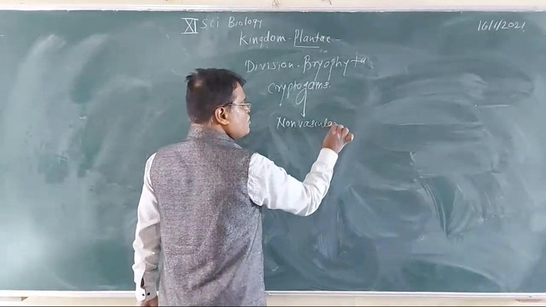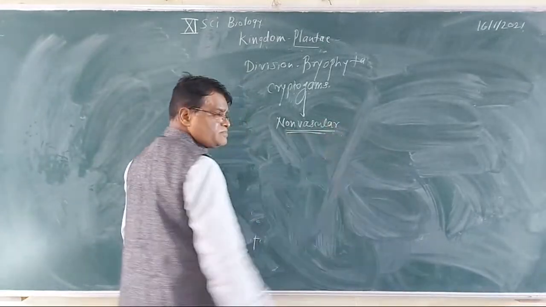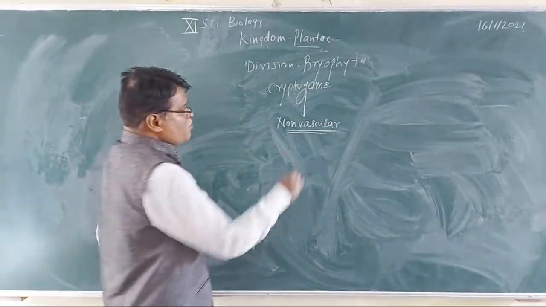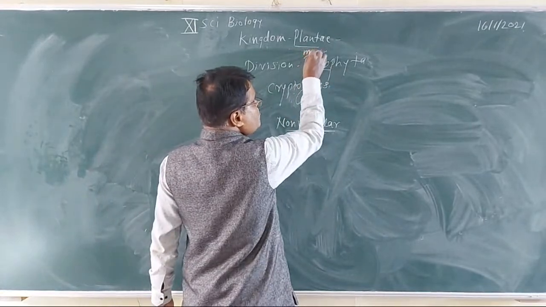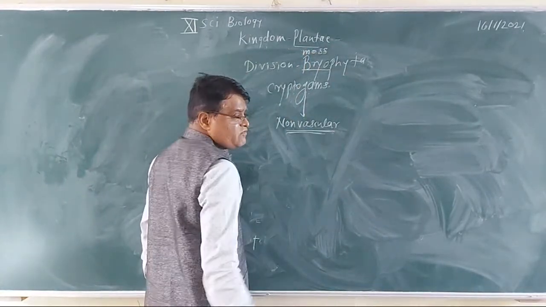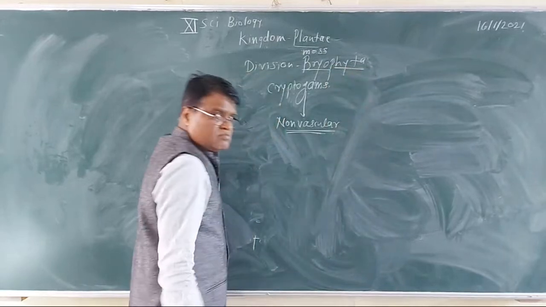The group is a non-vascular plant, isn't it? Non-vascular plant. Now, bryo means moss, and phyta means plant, isn't it? Moss.